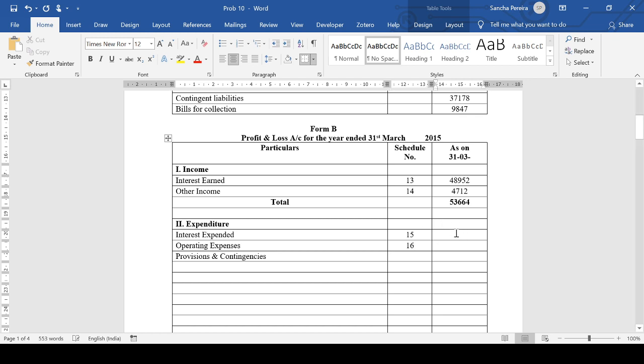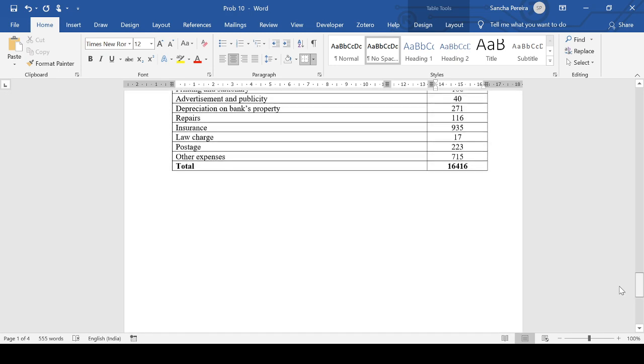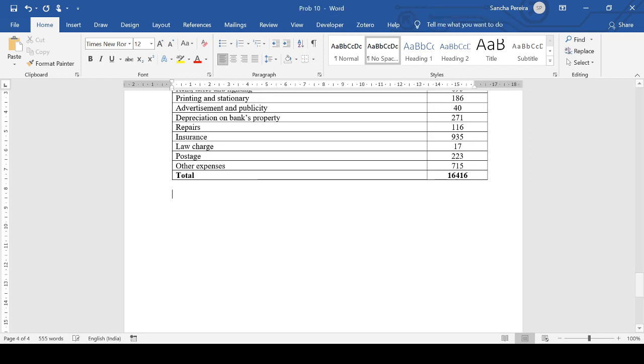So 15 is 23248 and 16416. Now we have one item that comes under provisions and contingencies, that's provision for taxation, and that we need to calculate based on our profit. We don't know our profit yet, so we will do that in a working note. Normally we would have two items here, provision for bad debts and provision for taxation. In the problem we don't have any provision for bad debts.